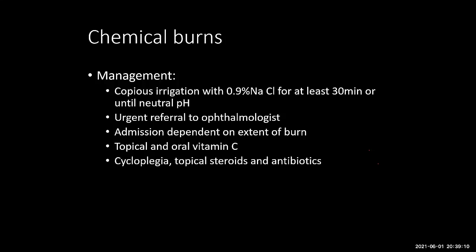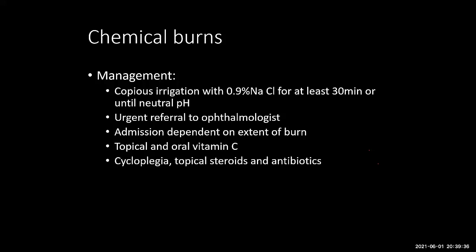And then admission, whether we admit or not, depends on the extent of the burn. And then we treat them with topical steroids, topical antibiotics, oral vitamin C, and agents like tetracycline, known to have anticollagenase activity, which is going to be helpful in chemical burns.